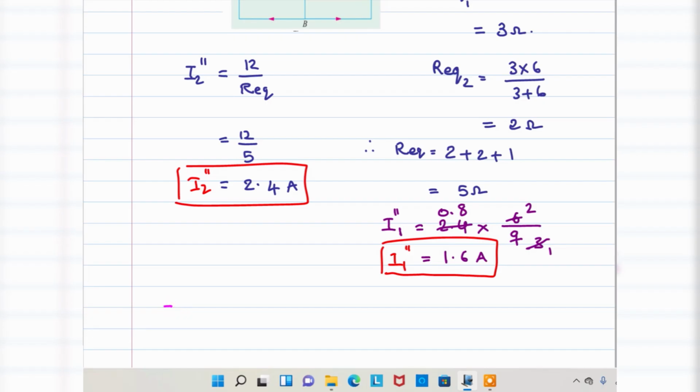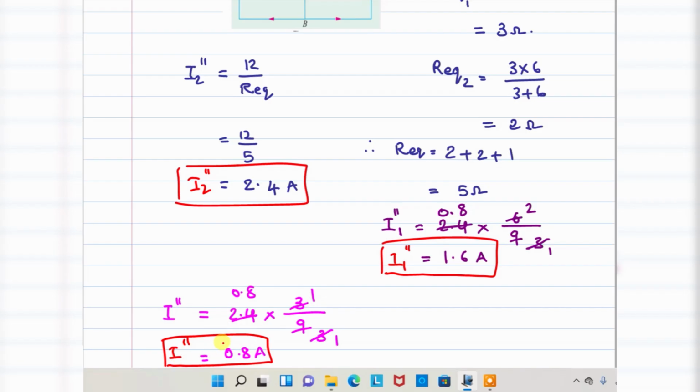I double prime is equal to again the total current into the opposite resistance, which is 3, divided by total resistance 9, so 1 divided by 3, 1 time 0.8, it is 0.8 amperes. So I got I double prime is 0.8 amperes.